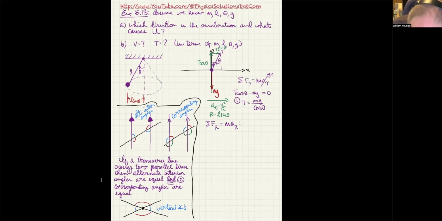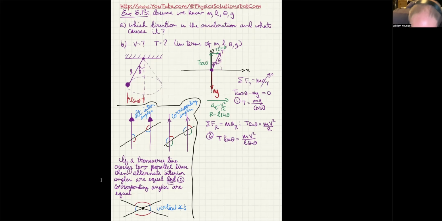And for this case, we see that the only force in the radial direction is T sine theta. So we get T sine theta is equal to mv squared over r, which again, we've figured out that r is L sine theta. So T sine theta is going to equal mv squared over L sine theta, like that. And this is going to be equation 2.